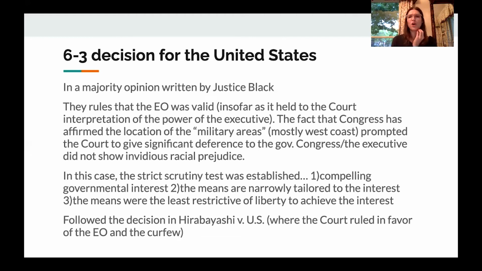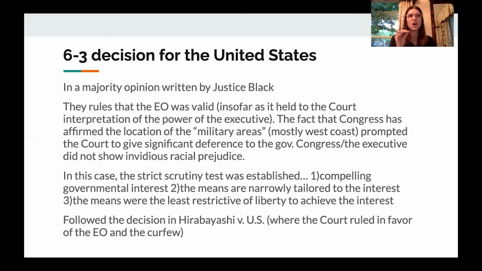So the first prong of this strict scrutiny test is that you have to have a compelling state interest. Just want to say again, the law's rhetoric, because the step down from this level of scrutiny is substantial governmental interest. So whatever. Compelling governmental interest. And your means have to be narrowly tailored to the government interest. So they can't do anything but achieve the government interest.